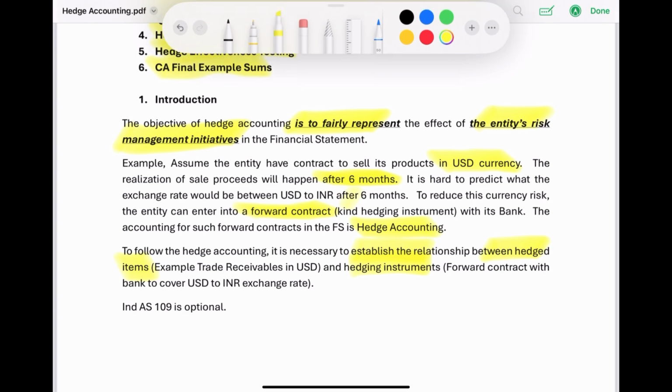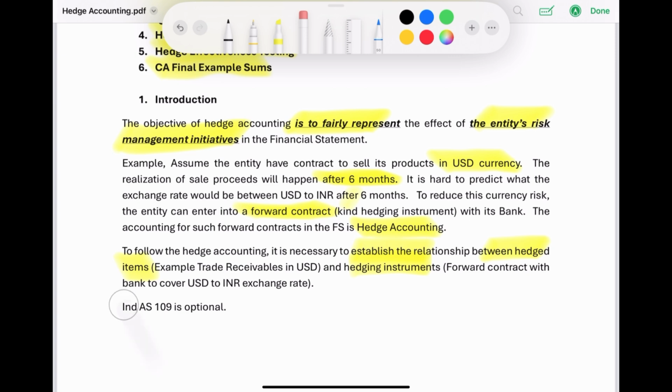For those speculative transactions, hedge accounting will not apply. Unless there is a relationship, hedge accounting will not be applied. So the primary condition to apply hedge accounting is to establish the relationship between the hedged item and the hedging instrument. Okay, I hope it is clear.